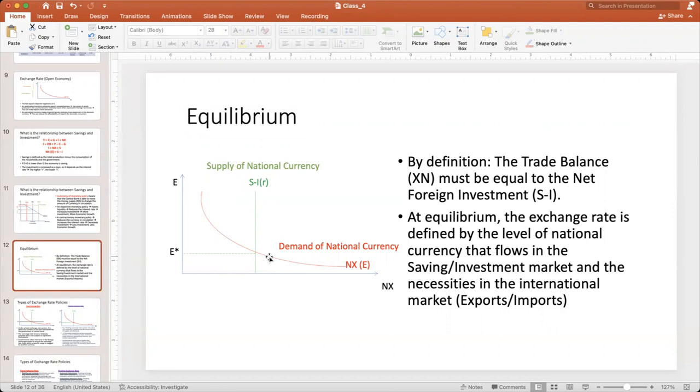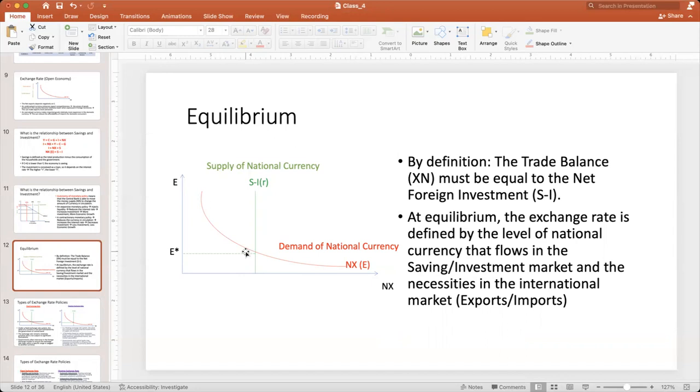So the net export is the demand for dollars. But that demand for dollars will be covered by the supply of dollars, the supply that comes from savings and investment. So basically we are saving money and we are lending that money to the firms.